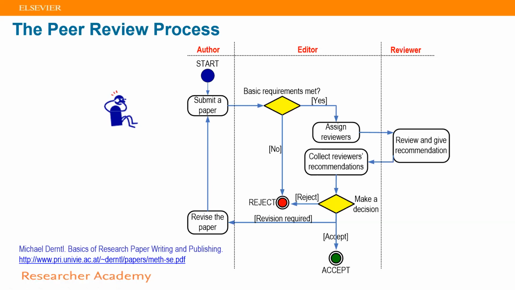The most important step here, as we will see inshallah in the other webinar, is what exactly the most appropriate journal is. So I need to do my homework here. I need to make a priority list of the journals. I need to have the exact appropriate journal for my manuscript.